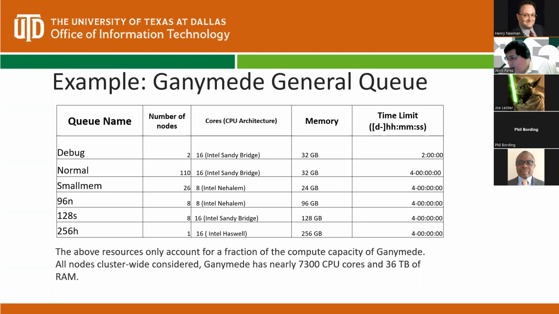We also use preemption to cycle harvest condo nodes, and that's the cost of hosting in our data center. Yes, I am aware of that method because some campuses do that. The campus I came from before UTD did that, we would cycle harvest the idle cycles. And then what we would do is we would make the PI owners of that infrastructure have priority on that infrastructure.